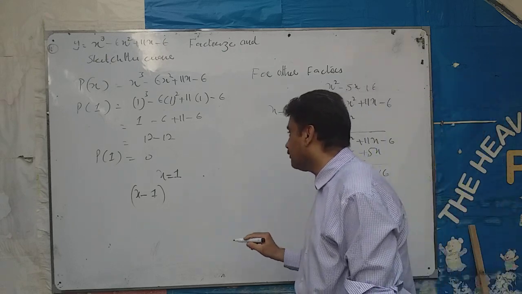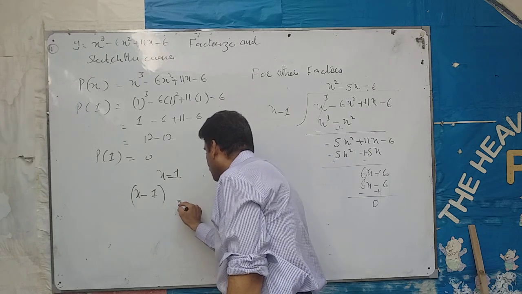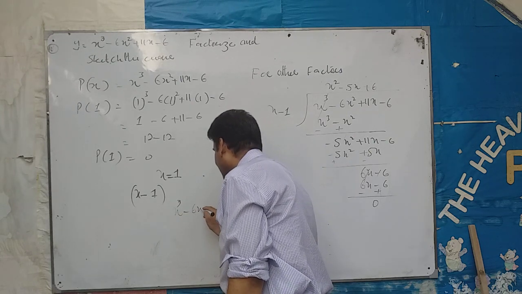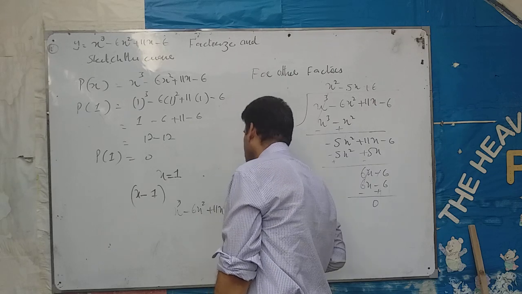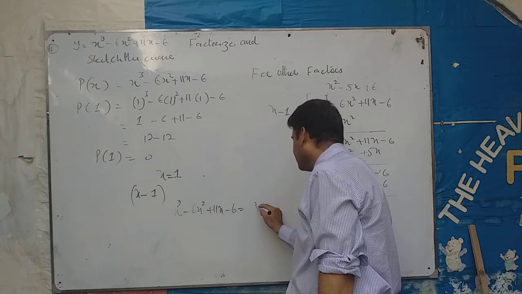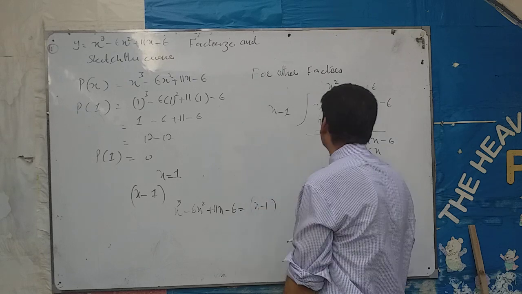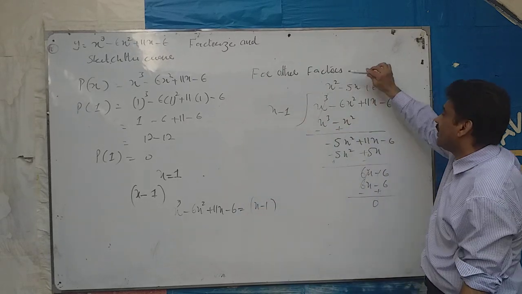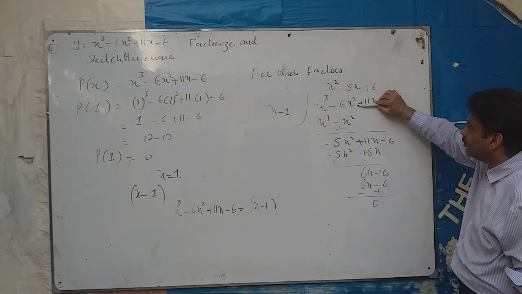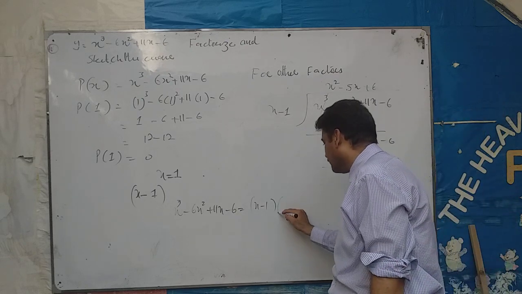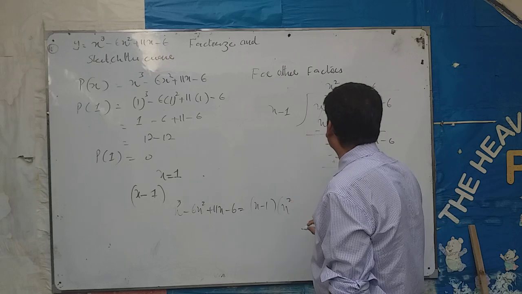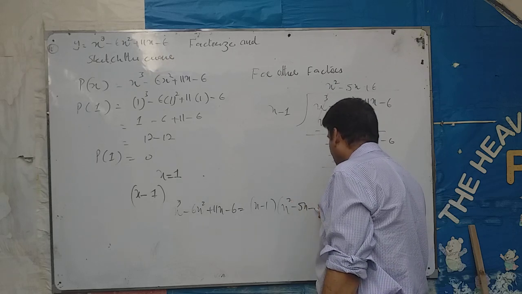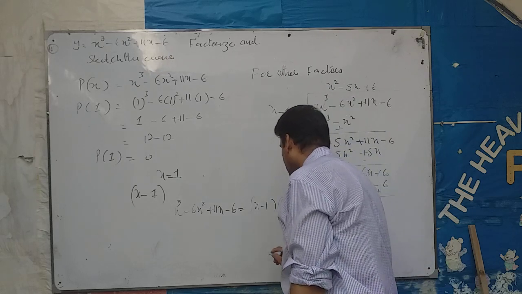We can write the polynomial x cubed minus 6x squared plus 11x minus 6 in factor form as x minus 1 times x squared minus 5x plus 6. Now we can easily find the factors of x squared minus 5x plus 6.